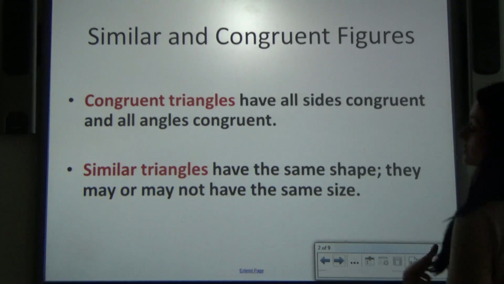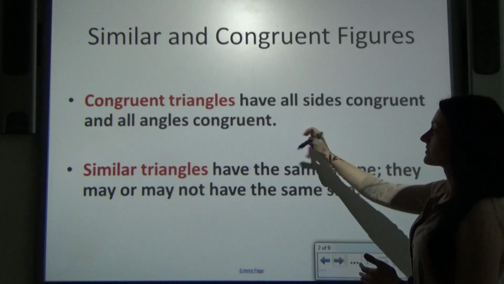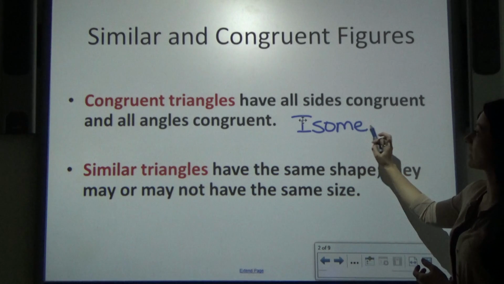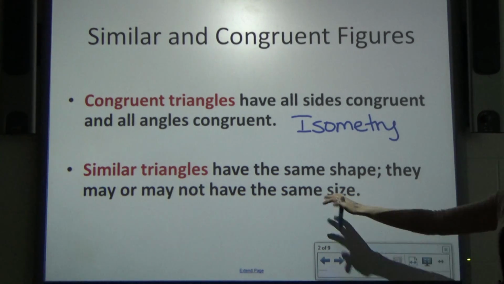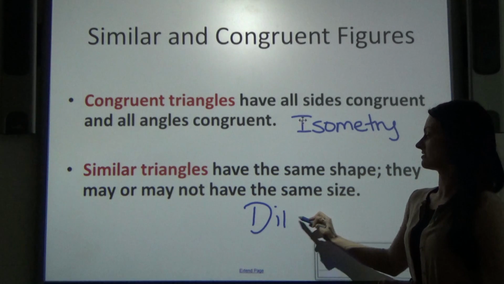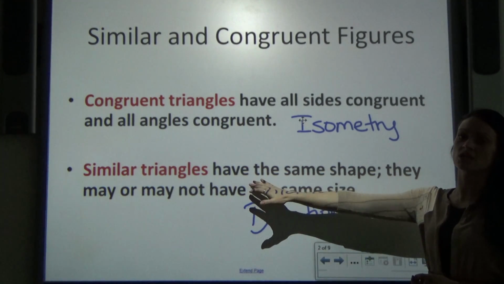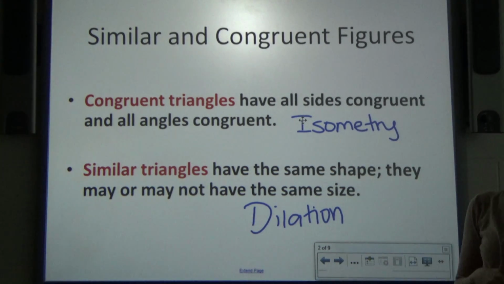If you think back to Unit 1 and what we talked about with our transformations, these are the types of transformations that created isometries. This was the dilations that we did. So dilations created similar shapes because they changed size, but everything about our congruent shapes is where isometry comes into play.